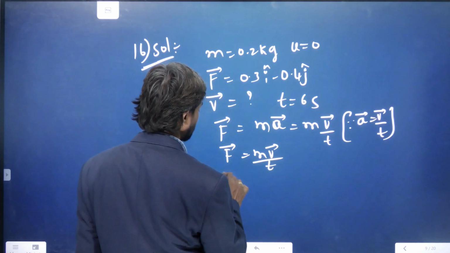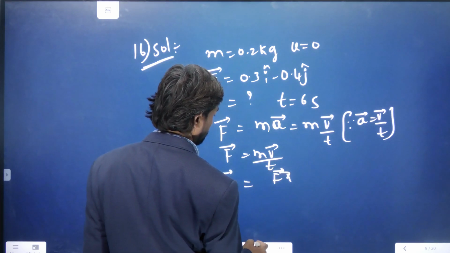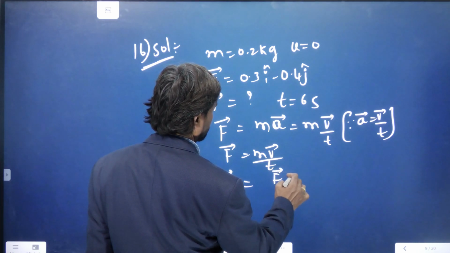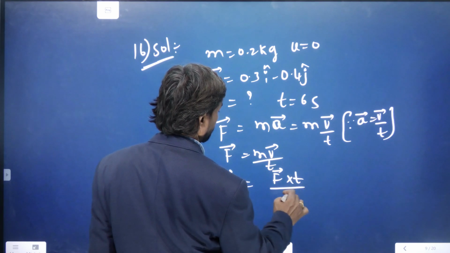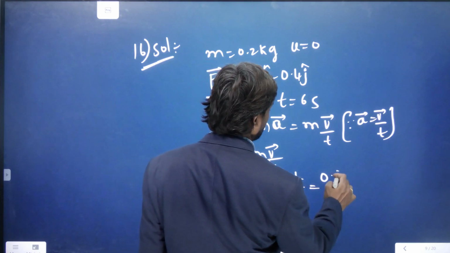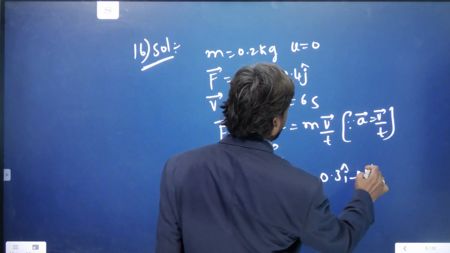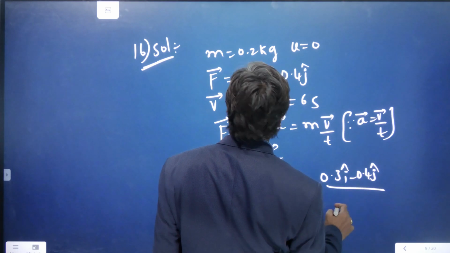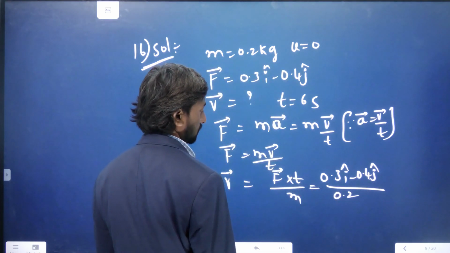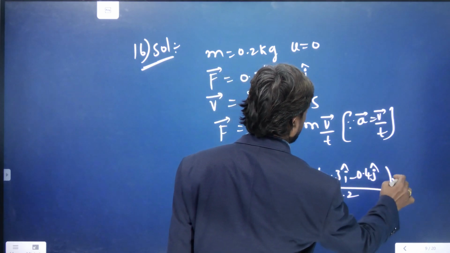Now v bar is equal to F bar into t divided by m. The F bar given is 0.3 i cap minus 0.4 j cap, divided by the mass, 0.2 kg, and the time is 6 seconds.